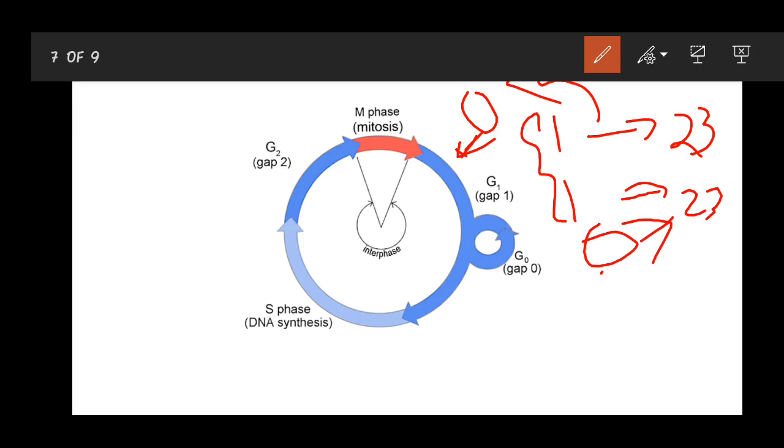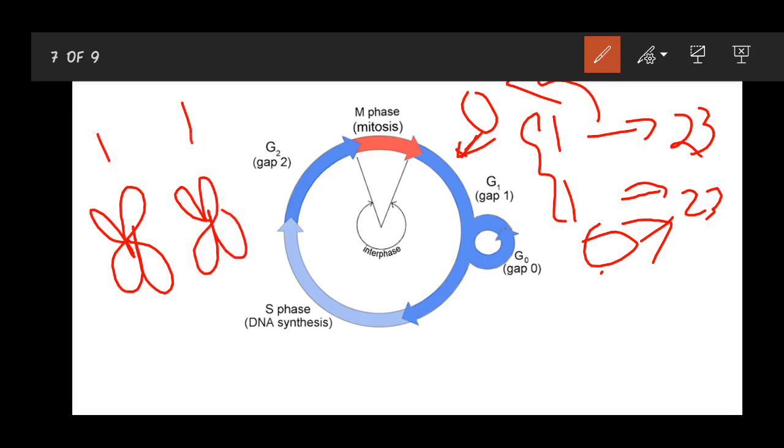They are similar. Homologous chromosomes are chromosomes of which you get one from the father and one from the mother. If I take these two homologous chromosomes as chromosome number 1, this one you get from the father, and this one you get from the mother.